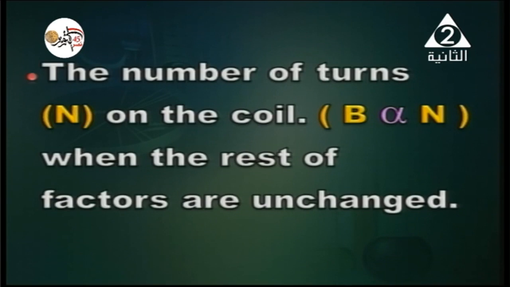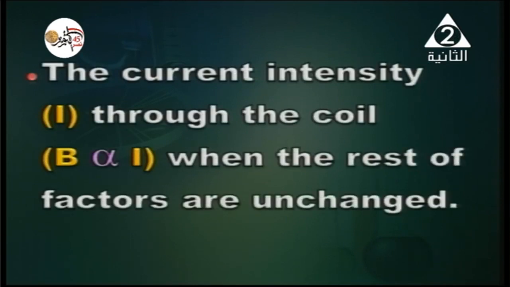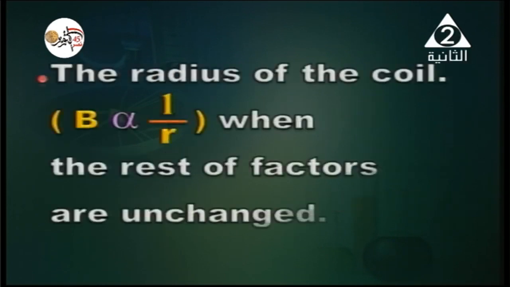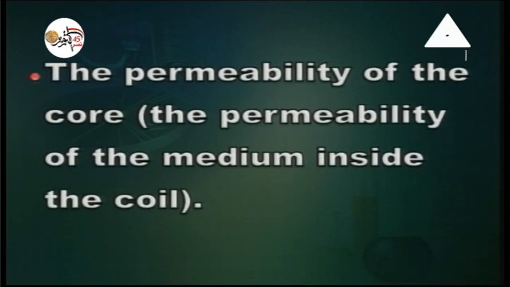And this happens only when the rest of the factors are unchanged. Second factor is the current intensity. B is directly proportional to the current intensity. And it is inversely proportional to the radius of the coil. And permeability of the core, permeability of the medium inside the coil.